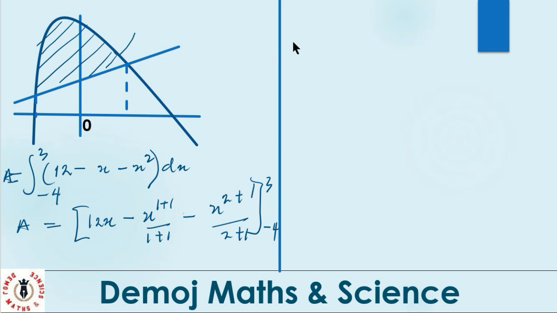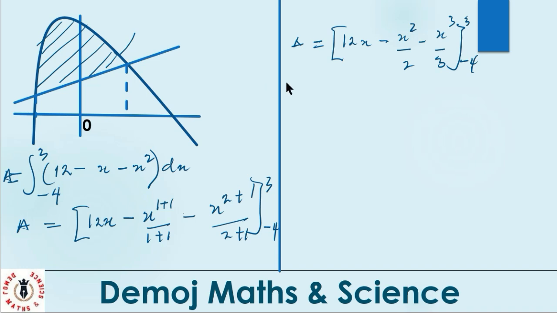So the area will be equal to 12x minus x raised to power 2 over 2 minus x raised to power 3 over 3, all ranging between 3 and minus 4.